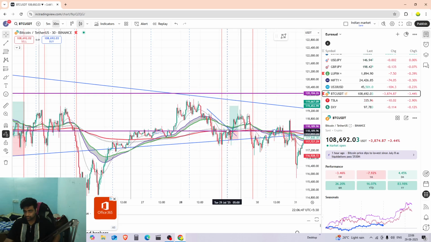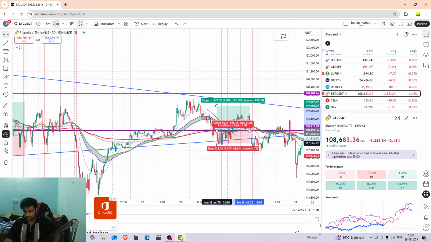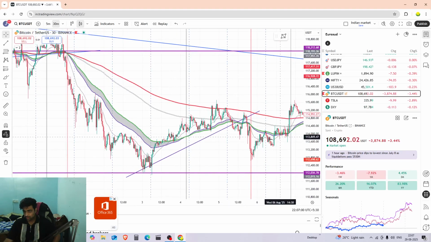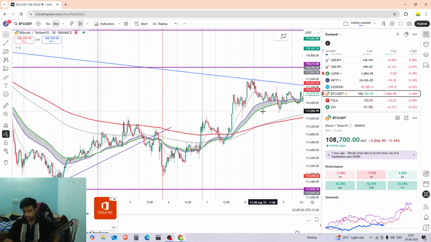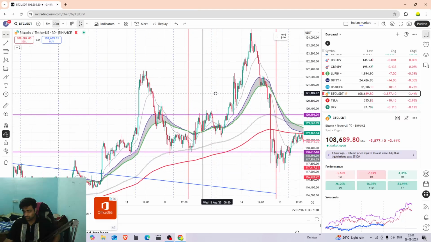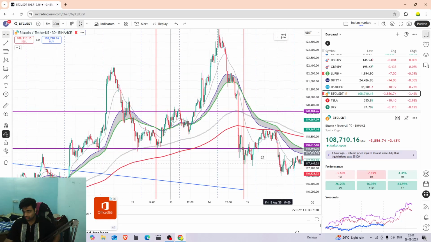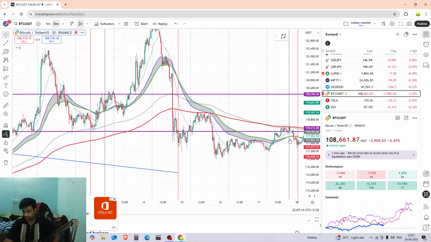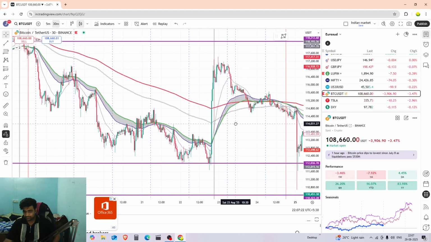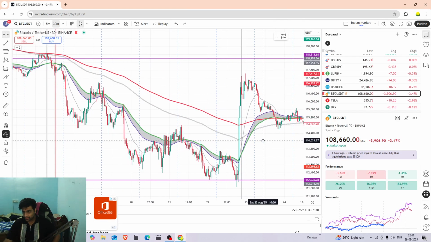Again, a double bottom. See? Yeah, here, see here.